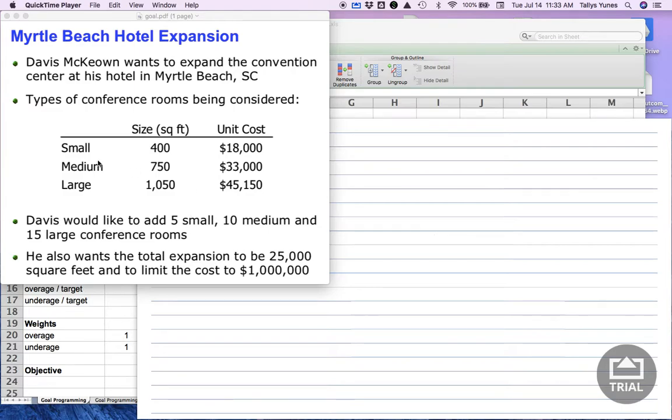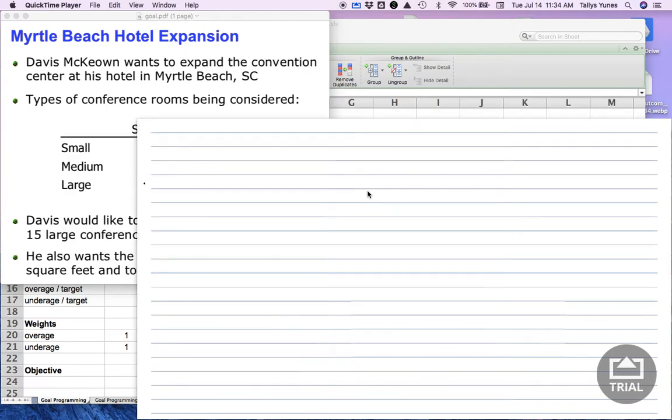We call them x1, x2, x3, or let me call them S, M, and L. S is how many small rooms we're going to add to the hotel. M is how many medium. L is how many large rooms. So again, let's first write this down as if we were going to satisfy these requirements exactly. Let me go to a little pad here.